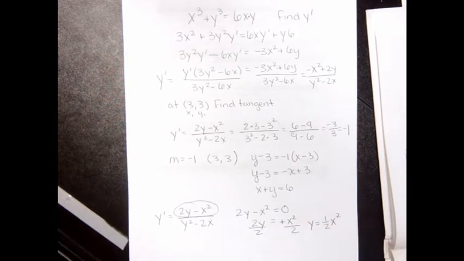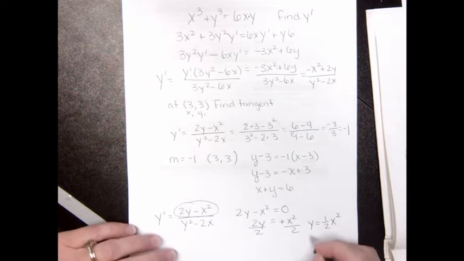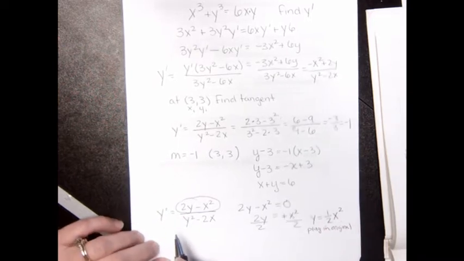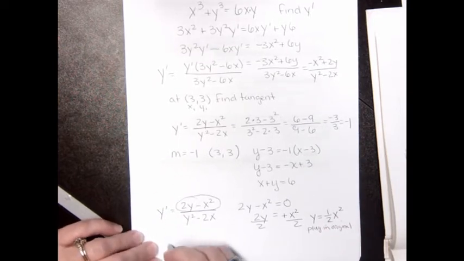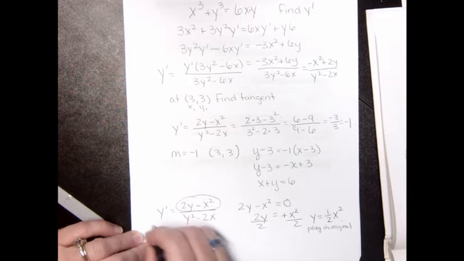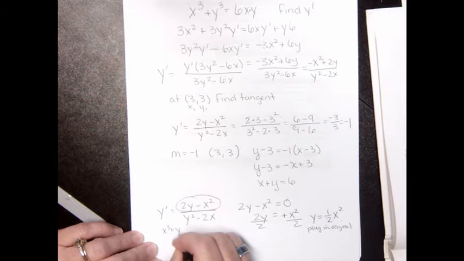So what do I do with that? Well, I want to know where, so if I want to know where, I just go back and I plug this into my original equation. Okay, so I'll write the original equation here real quick. x cubed plus y cubed equals 6xy.